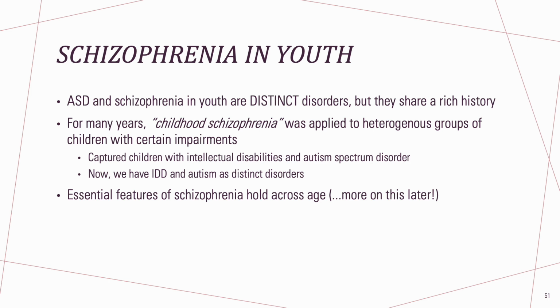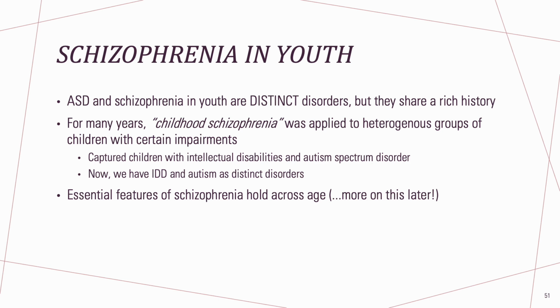But it's important to still think about some of the theoretical roots that are shared, and to know that, because of this shared history, we actually do see some symptom overlap between people with schizophrenia and people with autism and intellectual disabilities.